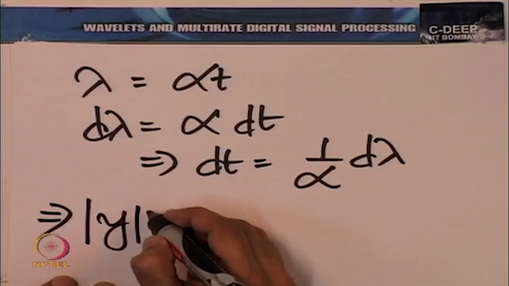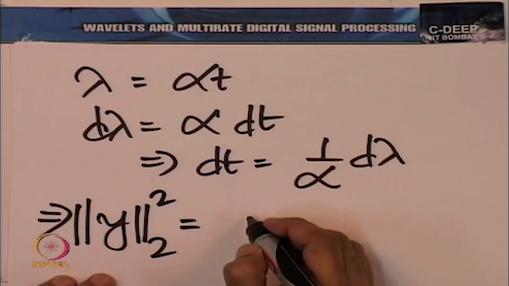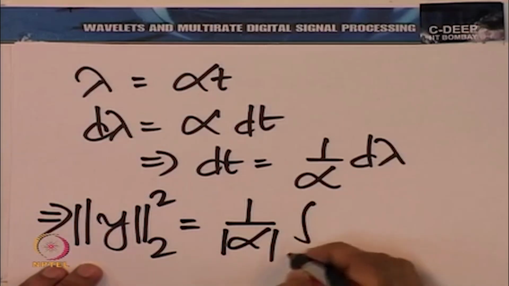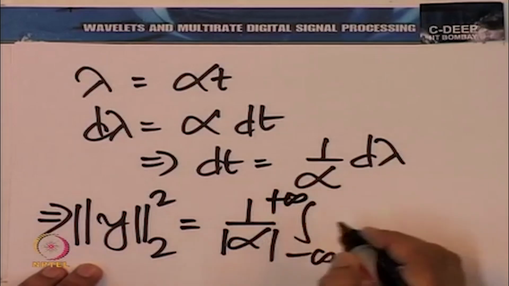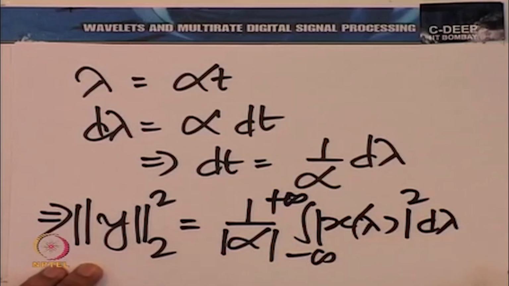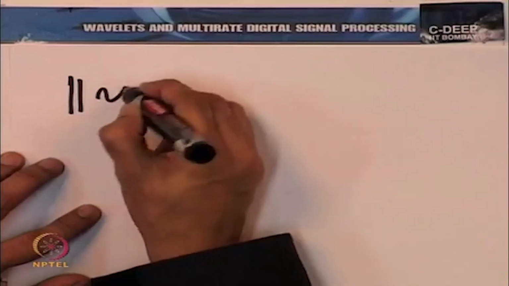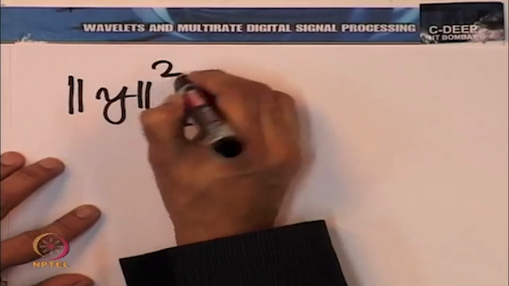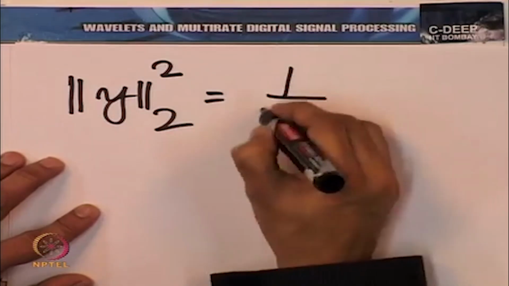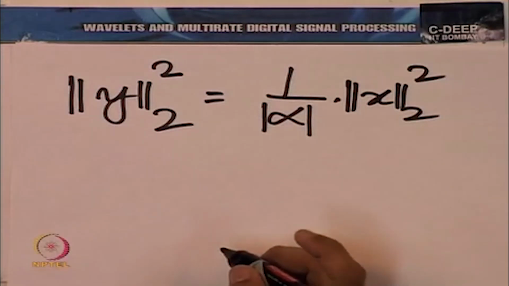The norm of y in the L2 R sense is always 1 by mod alpha times the integral from minus to plus infinity of mod x lambda squared d lambda, whereupon what we have concluded is that the norm of y in the L2 R sense squared is 1 by mod alpha times the norm of x in the L2 R sense squared.